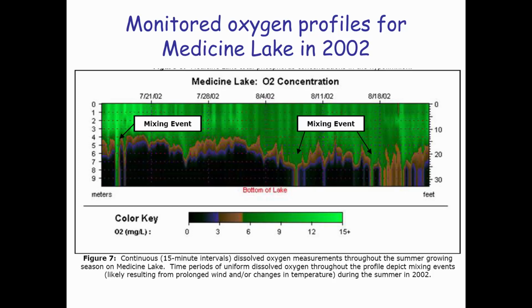This is for July and August in the lake at that location, and you can see that there are large periods of time in which conditions at the bottom of the lake are essentially anoxic. Under those anoxic conditions, the sediment is releasing total phosphorus into the water column, or just near the lake bottom.